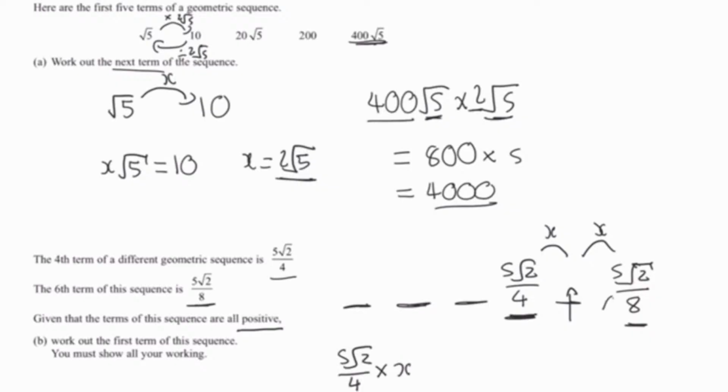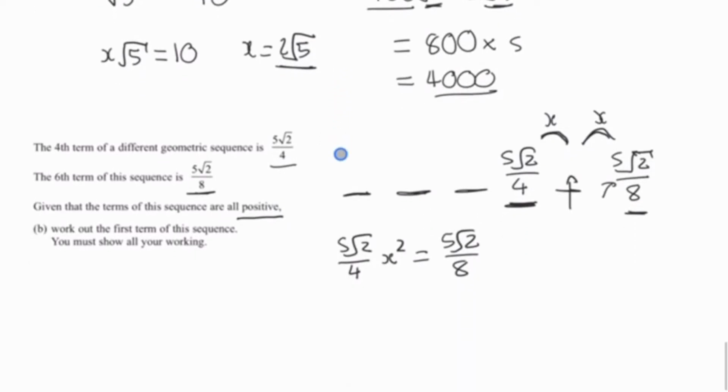Now to get to this term, we multiply by x again. So we have 5 root 2 over 4 times x two times, which is the same as saying 5 root 2 over 4 times x squared. And then we will reach our sixth term. So to go from the fourth term to the sixth term, we just multiplied by our multiplying factor 2 times.